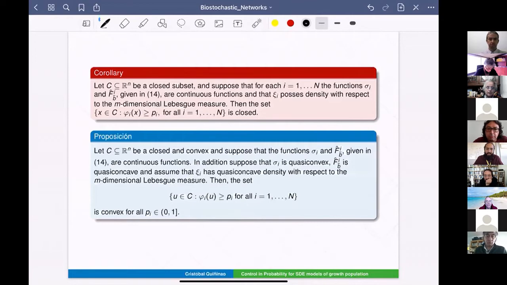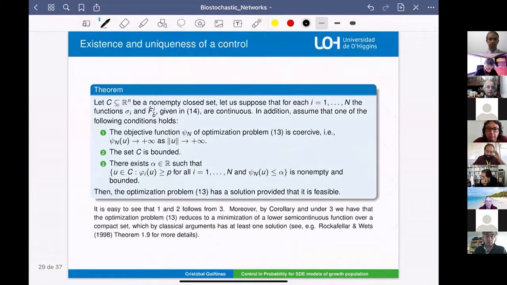If you have both, you have chances to have a solution. Then you can prove actually that if your cost function or your objective function is coercive, then you have the equivalence of these three statements. And the third one we have already proven in the previous results. So you actually are working with a very classic setting.